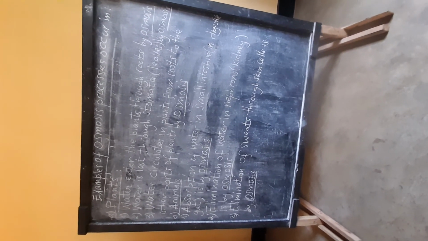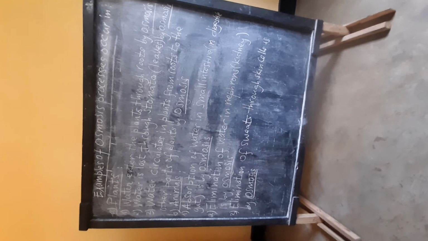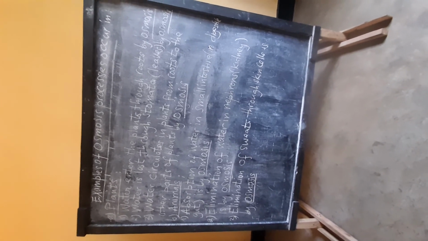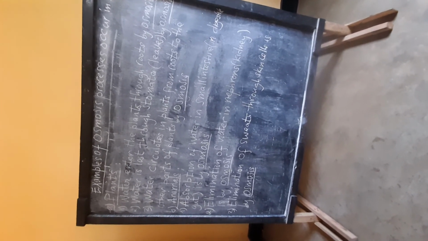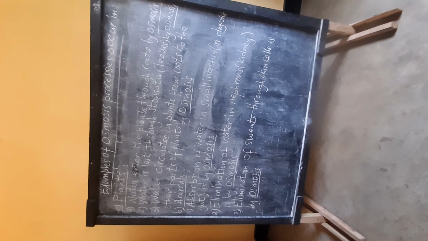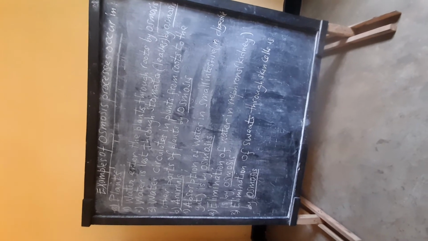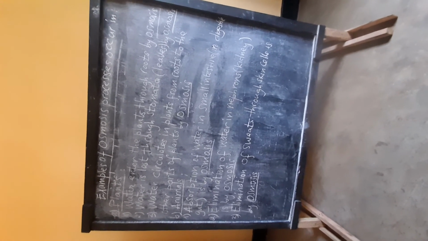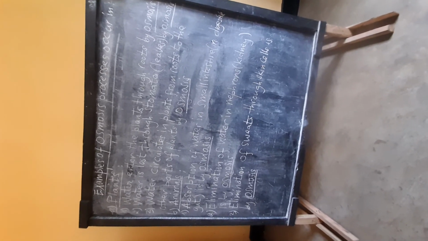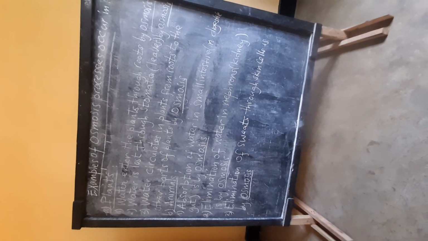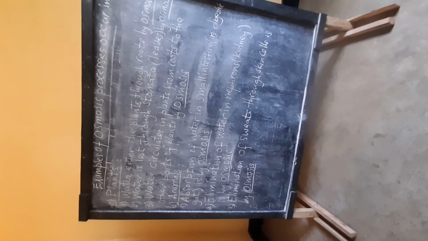That is the reason why most of the time we call osmosis a special case of diffusion. As we have seen, diffusion is the movement of particles. Even osmosis is the movement of particles, but specifically the movement of water.